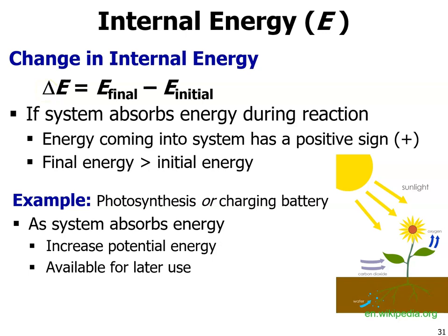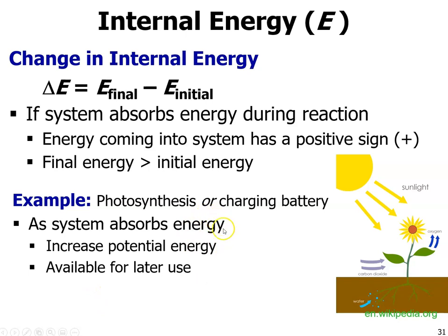An example of that would be photosynthesis, where sunlight is going to give this plant the energy it needs to grow and to take up carbon dioxide and get larger. So that is an increase in potential energy for that system, available for use later. So it's taking it from somewhere else.